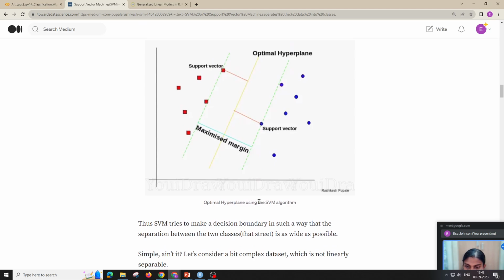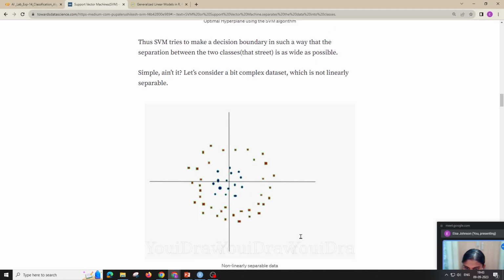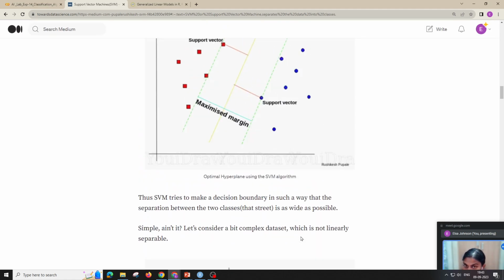So SVM tries to make a decision boundary such that the separation between the two classes is as wide as possible. That is the case for binary classification, meaning there are only two classes, yes or no. In the earlier case we saw either setosa or versicolor.